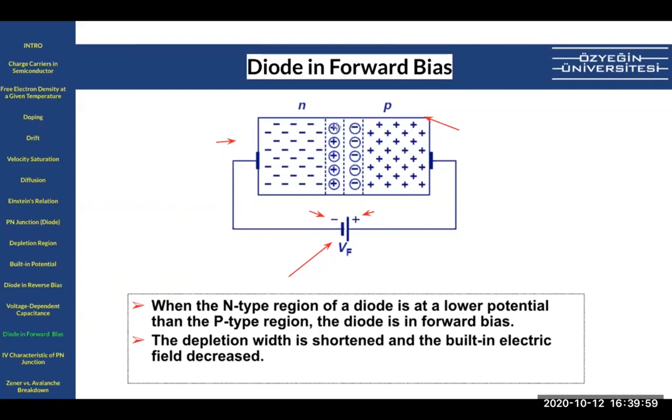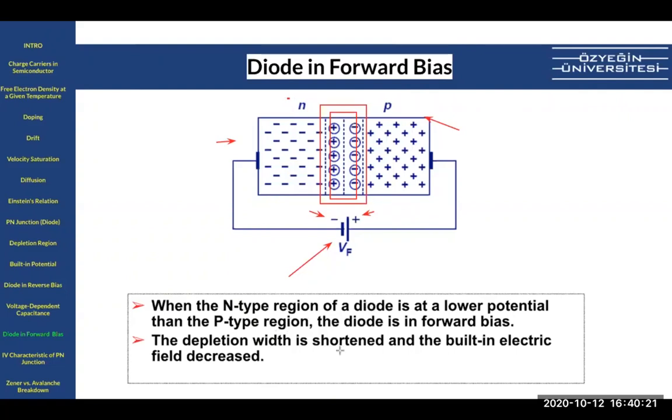In the previous one, it was getting bigger, right? And in this one, probably it gets smaller, right? It was like this, and now it gets smaller instead. And in the reverse bias, it was like this, right?